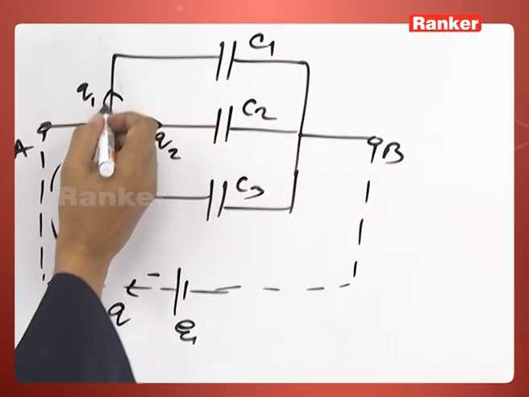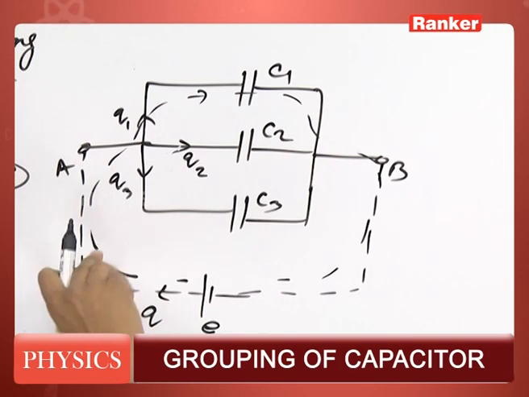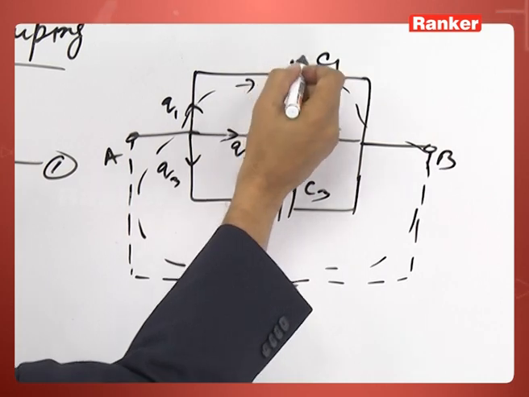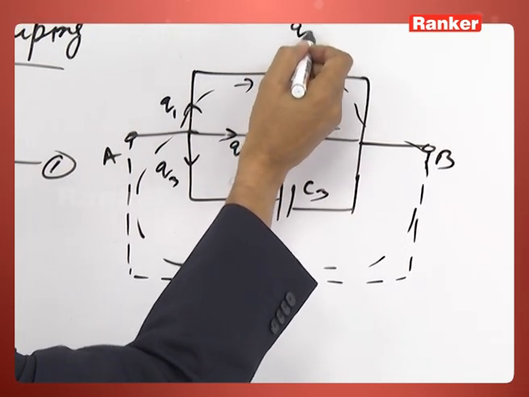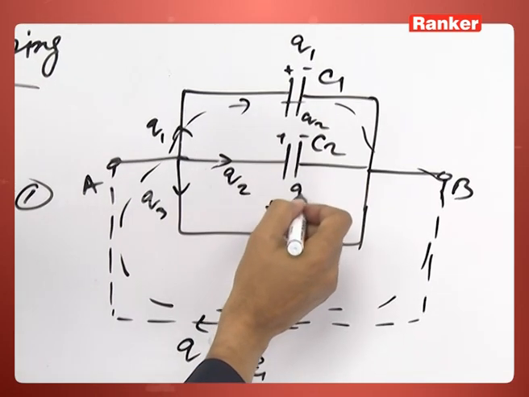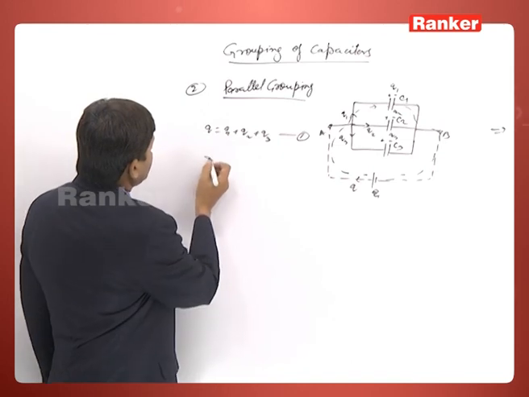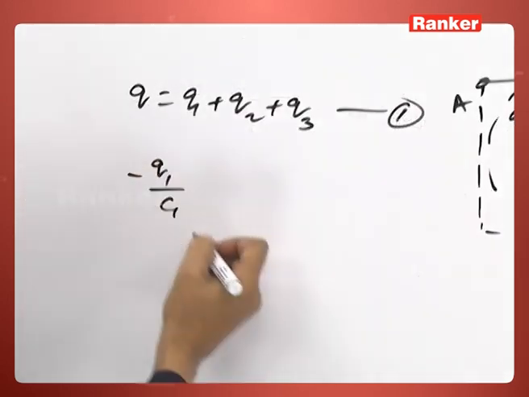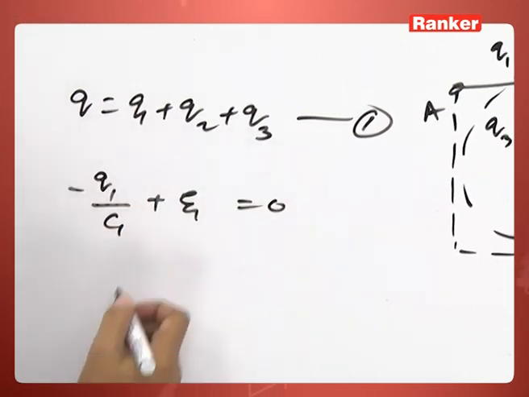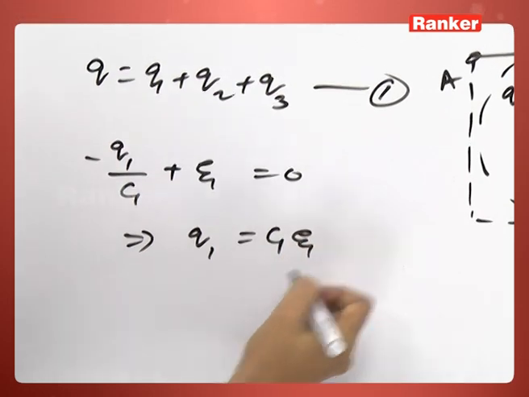First we take the outer loop like this. Starting from here, Q1 charge is coming here, Q2 charge here, and Q3 charge here. Going through that path, we can write minus Q1 by C1, then cell E, which is 0. So this is written as Q1 is equal to C1 into E.